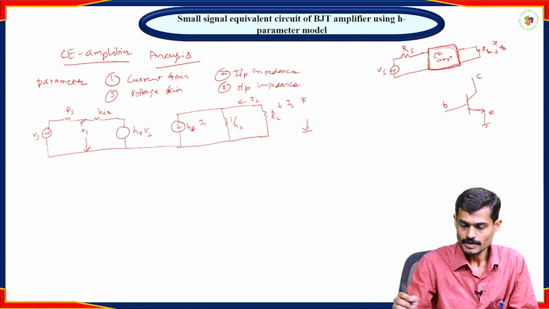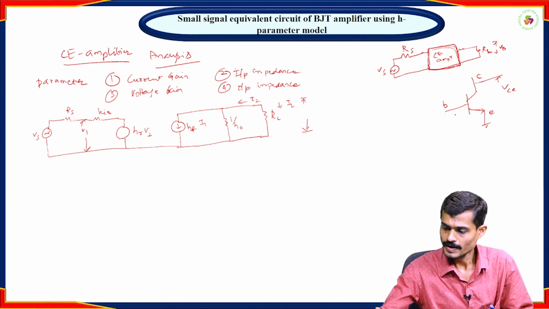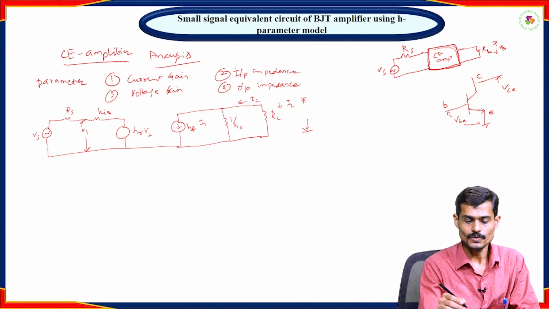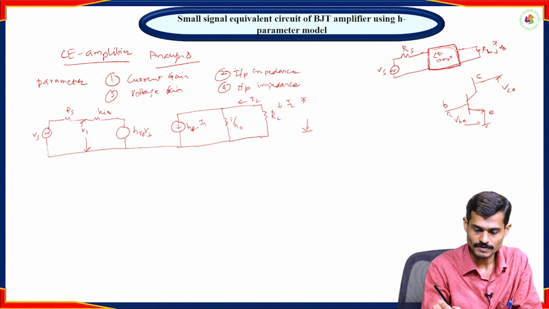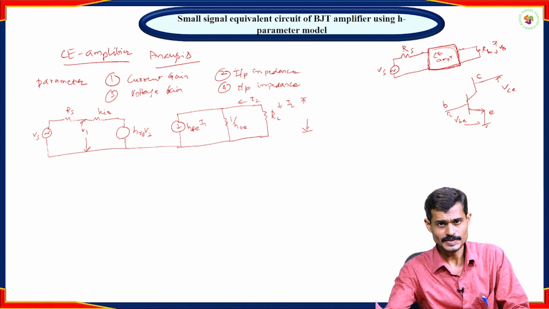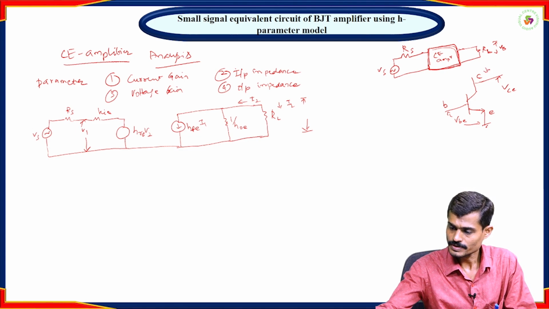So your output will be VCE, and input will be VBE. And already I told you, everywhere you have to use the suffix E because it is a CE amplifier.